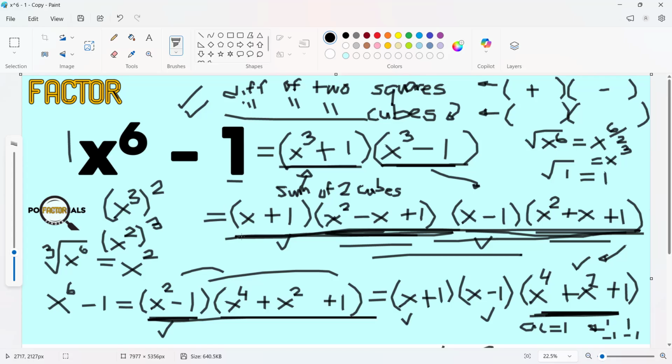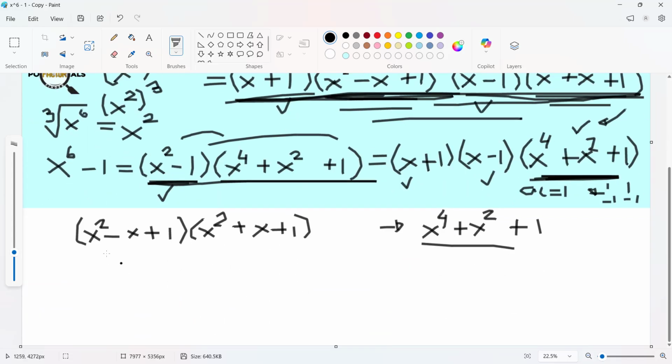Definitely, the first one might look easier, but you need the concept of difference of two squares, difference of two cubes, and sum of two cubes in order to guarantee your factors. The second one still uses sum of two cubes, difference of two cubes, and later on difference of two squares, but we have different results. So we are just going to multiply them if possible. First term to first term: x squared times x squared, x to the power of 4. x squared times x is plus x cubed. x squared times 1 is plus x squared.